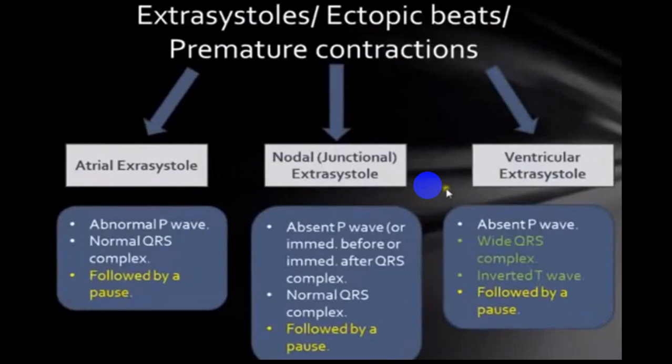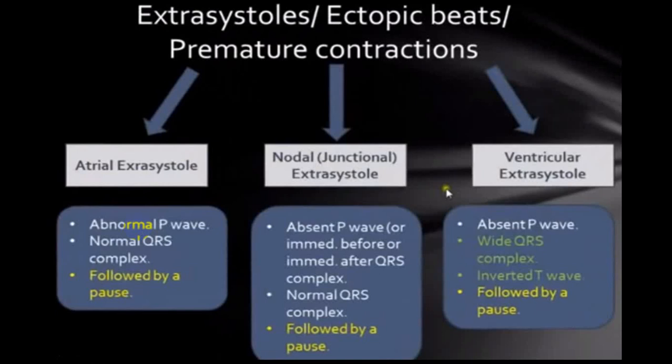And in ECG, how will you differentiate between the three groups: atrial extrasystole, nodal extrasystole, and ventricular extrasystole? For this, ideally you should know how the rhythm is identified on a rhythm strip. For an atrium, there should be a P wave. But whenever there is an atrial extrasystole, it will come with an abnormal P wave. It will be followed by a normal QRS complex, but preceded by a P wave which is abnormal.